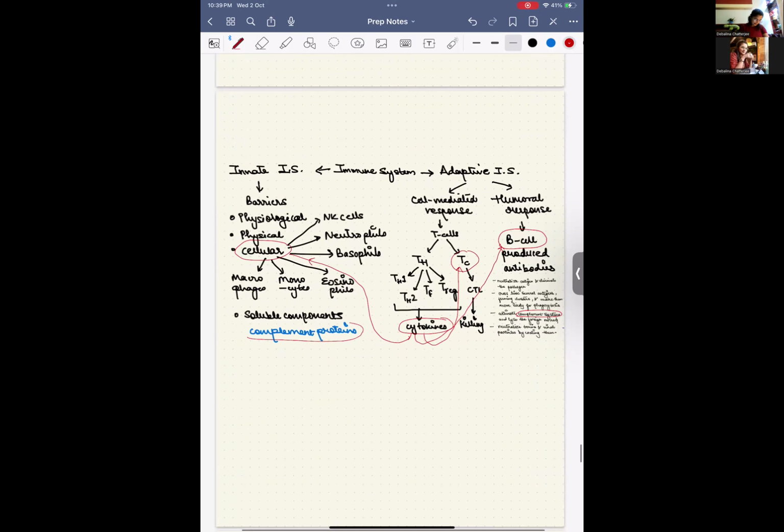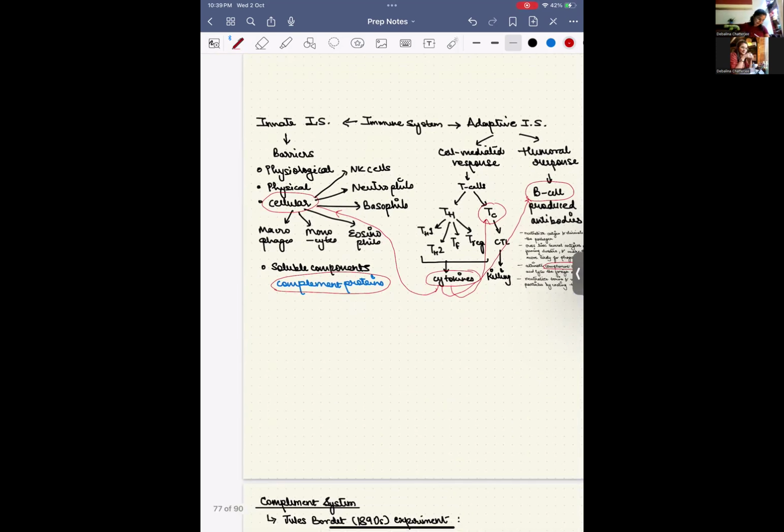The complement system in itself is more a part of the innate immune system, but there is one pathway of complement activation which can be dependent on antigen-antibody complexes. So effectively, they are mediating an effective response of the adaptive immune system.